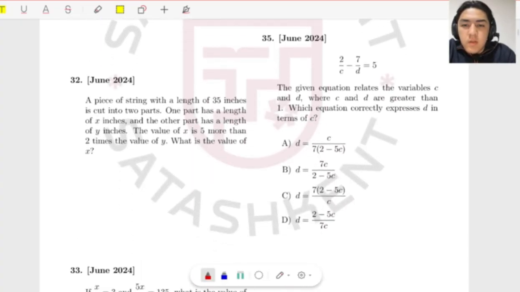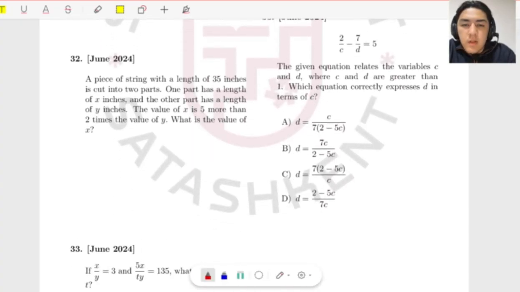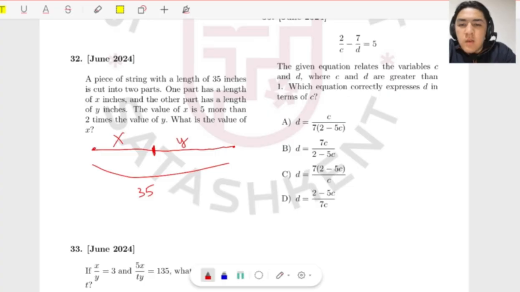So question number 32. A piece of string with a length of 35 inches is cut into 2 parts. Okay, it's divided into two parts. The total is 35. One part has a length of x, the other part has a length of y. Let's say x is 5 more than 2 times y, it means 2y plus 5.